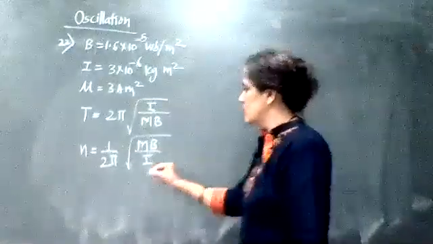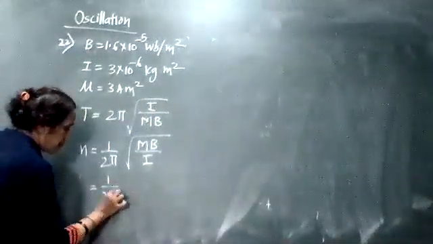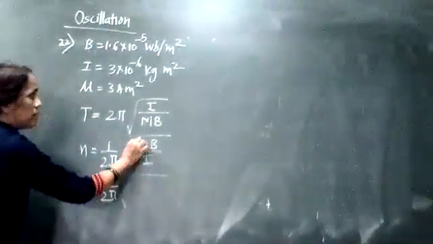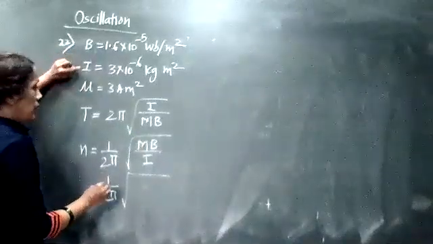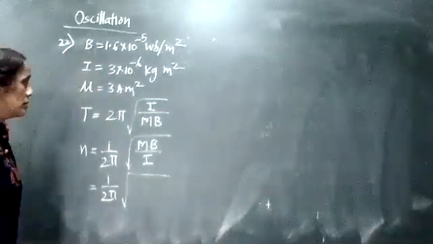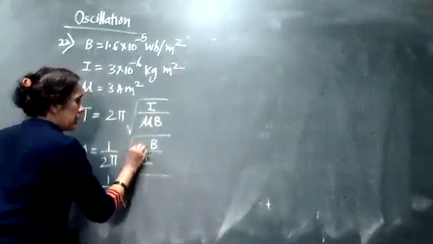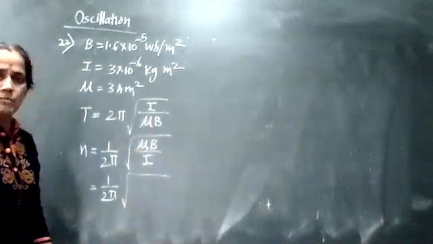I'll put the values here. So it will become 1 upon 2 pi under root of mu, the magnetic dipole moment.